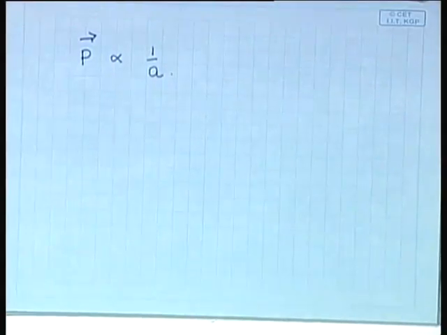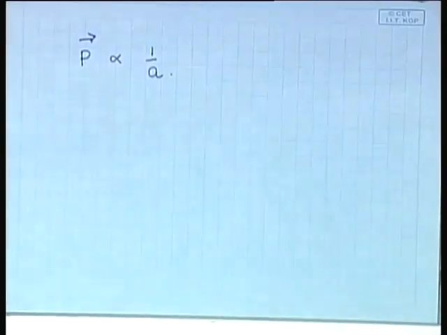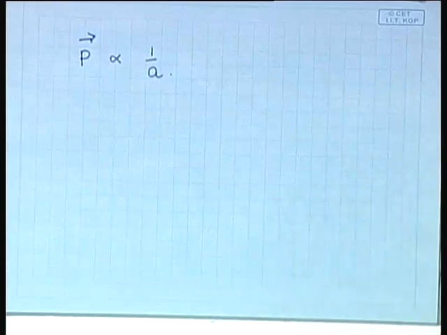Now, this result can also be derived purely classically. You follow the momentum of a particle in the expanding universe and you arrive at the same conclusion classically. The momentum of a particle scales as 1 by a. Okay. Now, this is the main thing that we are going to need.